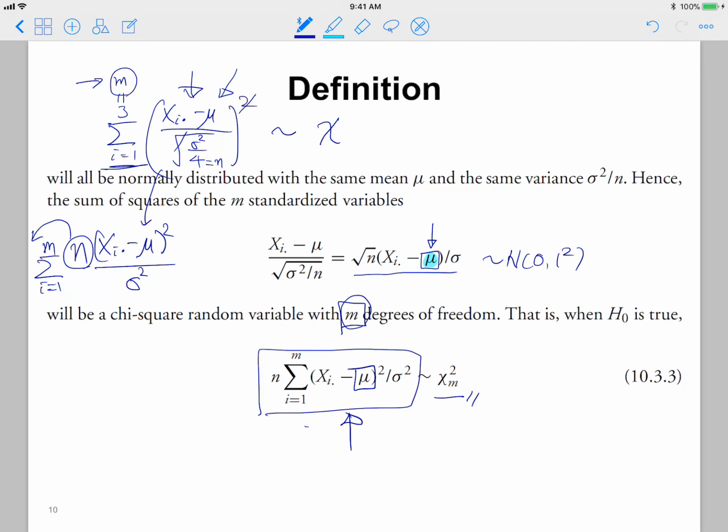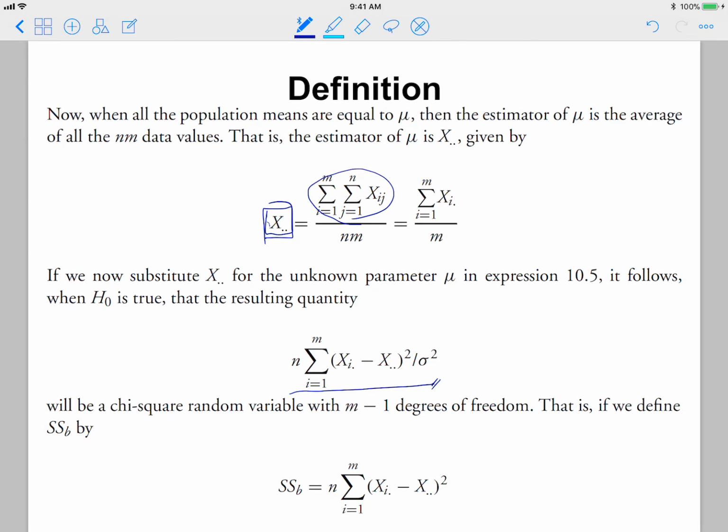So again, we had three different standard Gaussian random variables, and of course there is a sum of squared values, and then we had one single common mean value, and then we replaced it by our estimator. It will decrease the degree of freedom by one.